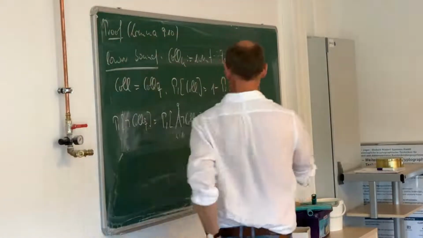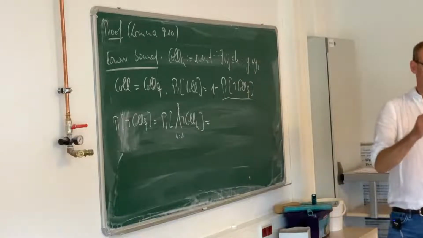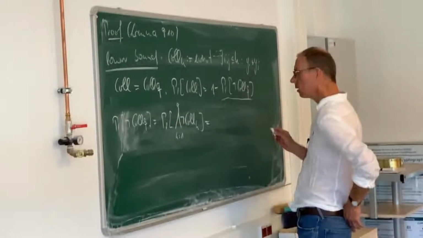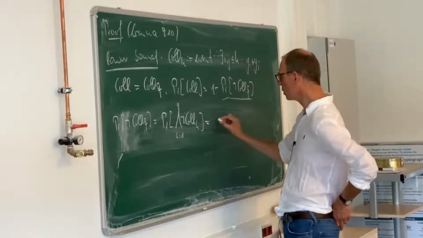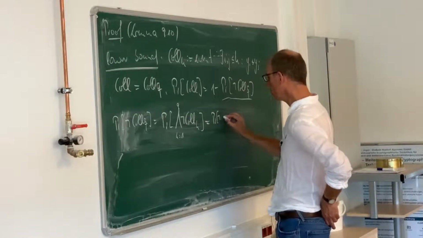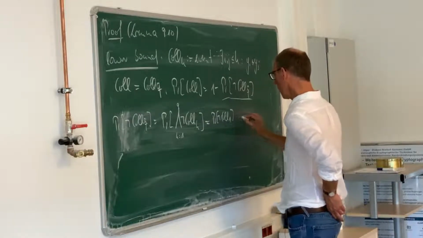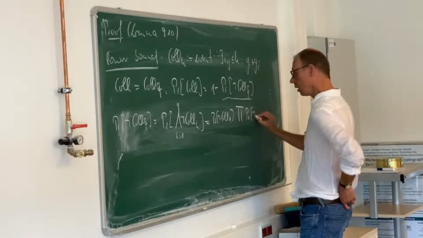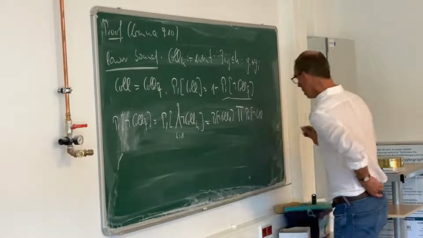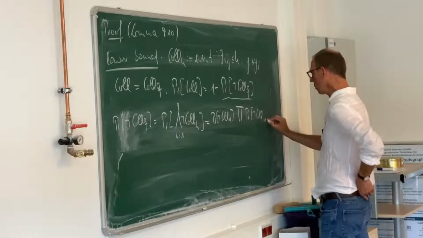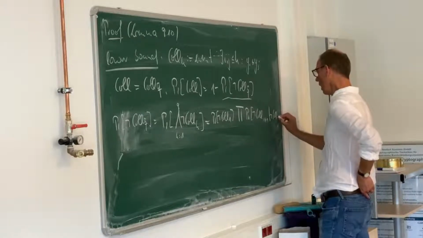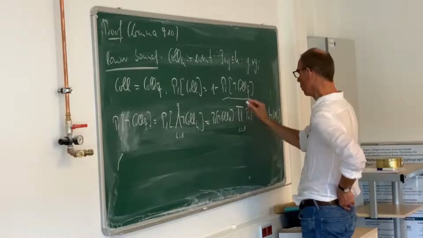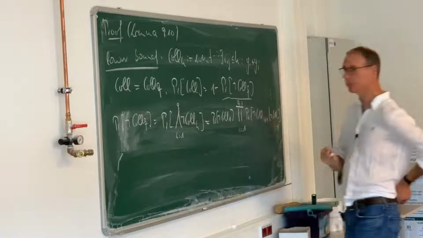And now by conditional probabilities, you can rewrite this as follows. This is the probability for not collision 1 times, now comes the product, probability not collision I plus 1 given not collision I. I goes from 1 to Q minus 1.